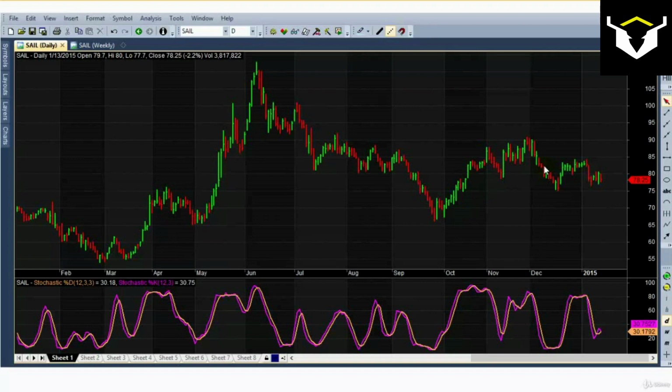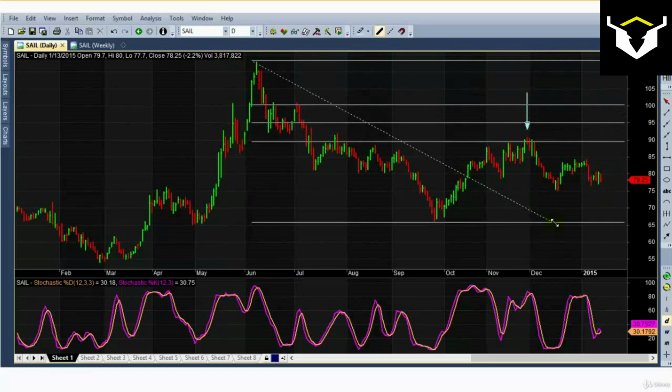As of the last bar, SAIL looks like it is drifting sideways, but I am interested to know if I could have suggested this top beforehand. So first I will place my price retracements to see what the level of this top was.